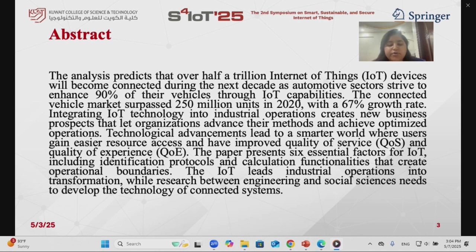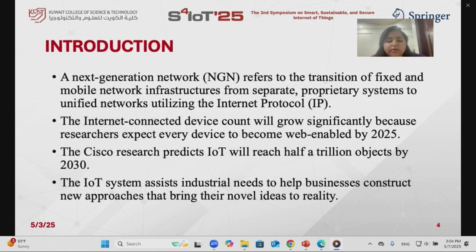The next slide shows the introduction of this paper. In the introduction, the next generation network, also known as NGN, refers to the transition of fixed and mobile network infrastructure from separate proprietary systems to unified networks utilizing internet protocols.